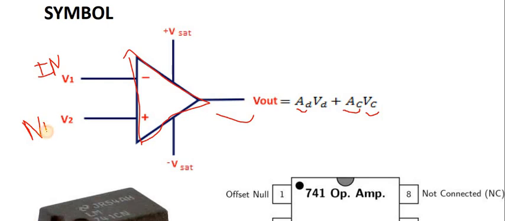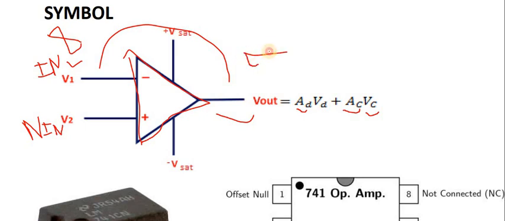Inverting and non-inverting names are given not because the signal applied to these terminals is positive or negative. You apply any signal on these terminals. If you apply the signal on the inverting terminal, you will get output out of phase. Suppose your input signal has this phase, then the output you will get is like this.